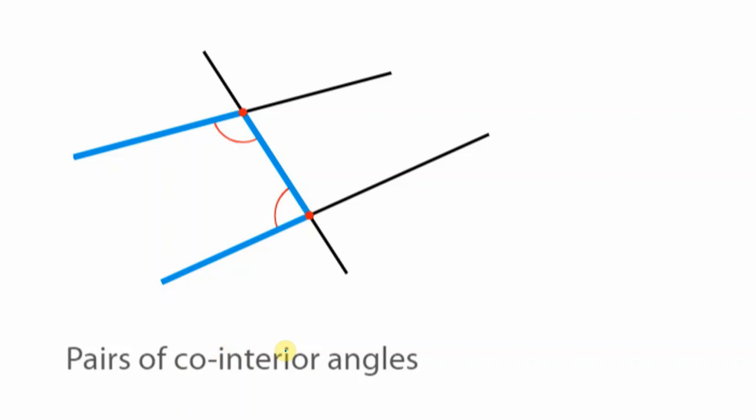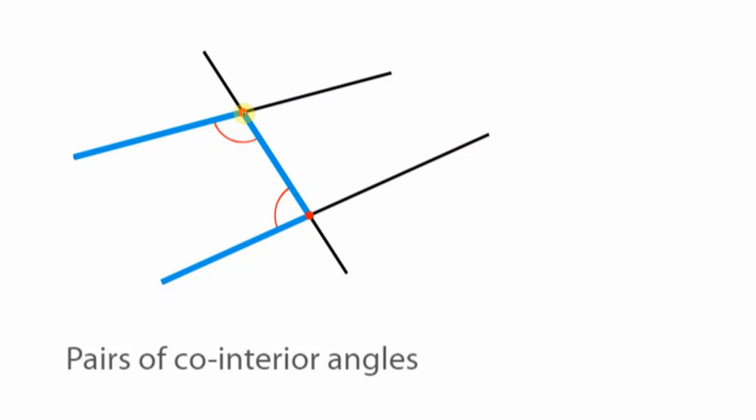Co means both. So if you look at these two red angles, they are both inside the two lines that we need to form this transversal. So they are both inside the lines that form the transversal, and there are two of them.